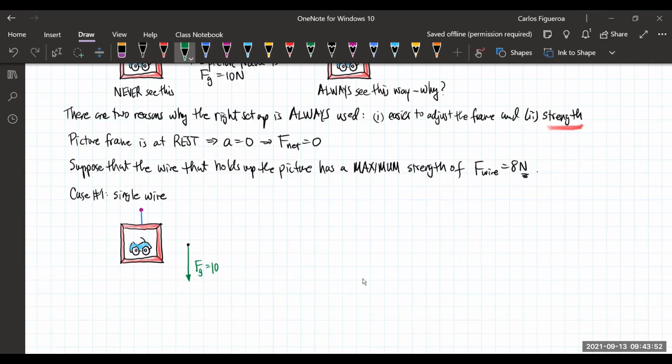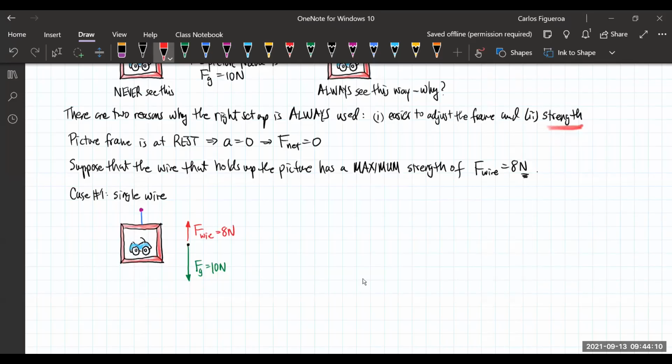So then what you're finding here is that the strength of the wire now is not the same length, it's less. So the strength of the wire is 8 newtons.